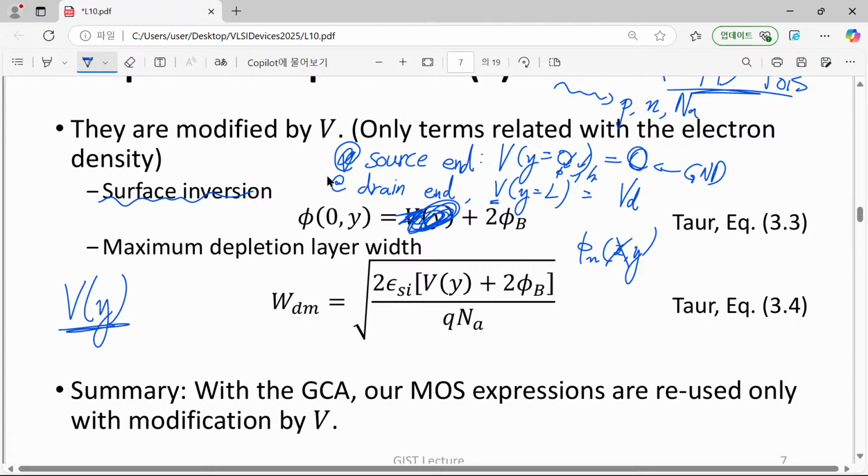Then in order to make the surface inversion condition, you need higher band bending. So you have to understand this point. You can see that this part is also added to estimate the maximum depletion layer width. Please note that here we have two different expressions, and this is the surface inversion expression.